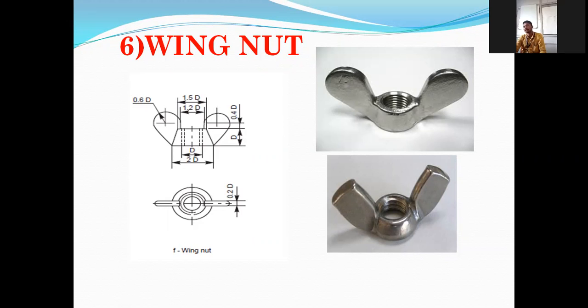Whenever we want to have frequent adjustment of this nut, it is not feasible to take a spanner and tighten or loosen the nut. So in that case, by hand only we can either tighten or loosen it.